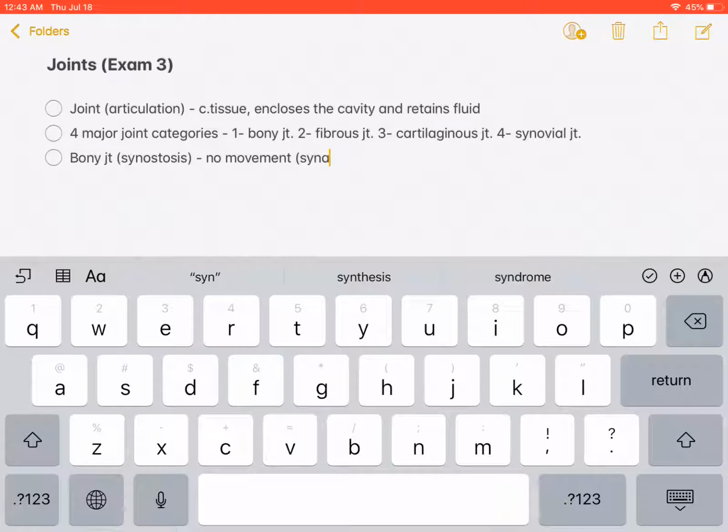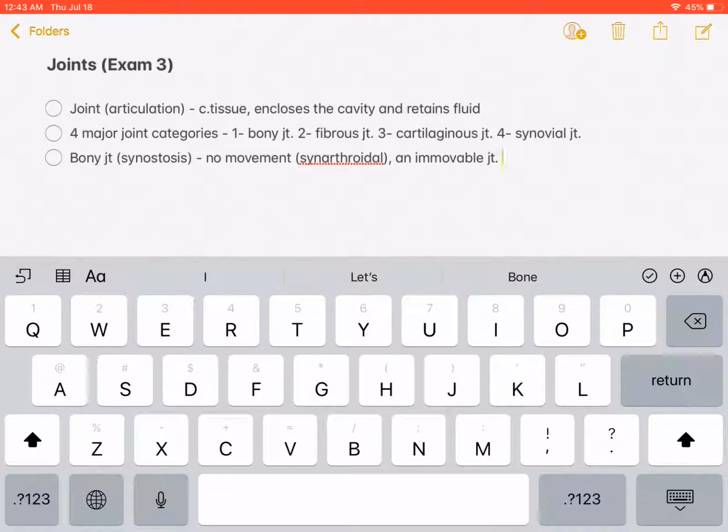That means that it is synarthroidal, an immovable joint, and it's formed when the gap between two bones ossifies and becomes one bone.